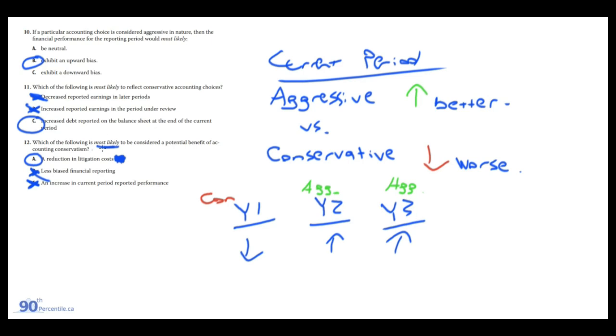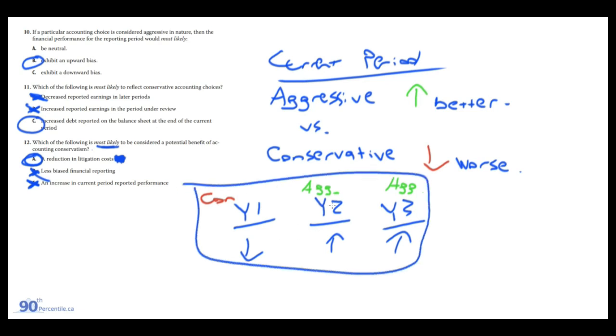Once again, kind of stretching a little bit here because you can also argue that, in this example here, we're being conservative in early years to be aggressive in later years, but maybe here and here you might have problems with litigation, but here you won't. So, kind of a weird one, but we'll just move on.